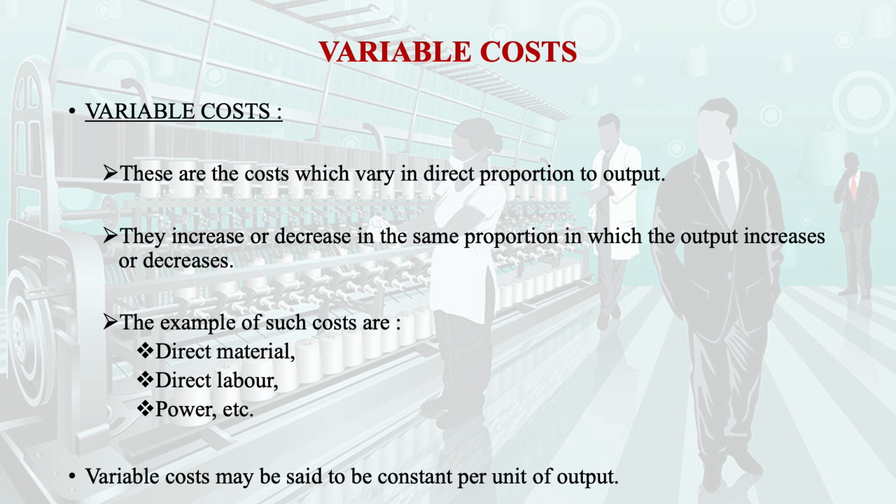Examples of such costs are direct material cost, direct labor cost, or the power required for producing the items. Variable cost may be said to be constant per unit of output. Remember, per unit of the output.